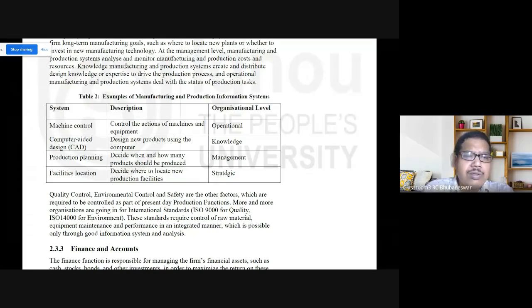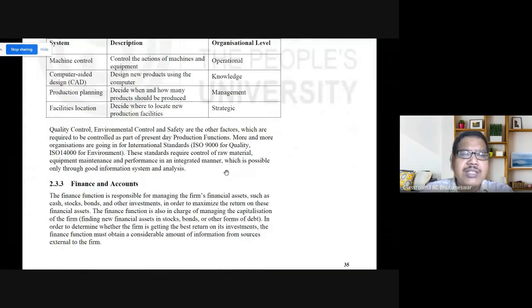The quality control system is there to certify whether the products are safe or not, and whether they are meeting the standard service lines or not. So we have ISO benchmarking, International Standard Organization. The International Standard Organization standards are designed for quality and maintaining the quality, and improving the quality also.